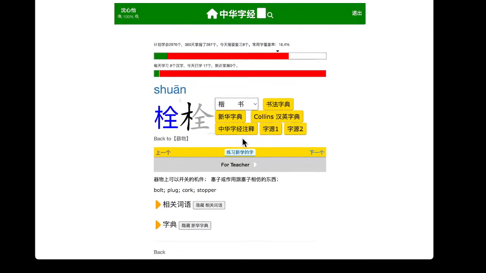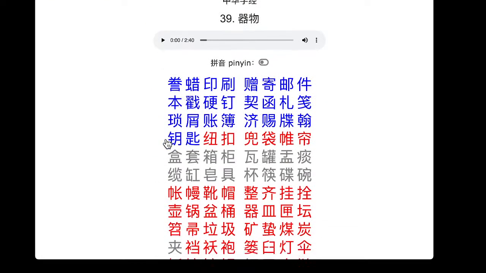Shuan. This refers to a bolt, like on a door, a plug, a cork, like on a bottle, or a stopper. Any sort of these things that keep something shut. And you'll notice that this is very similar to this other character that we went over previously.